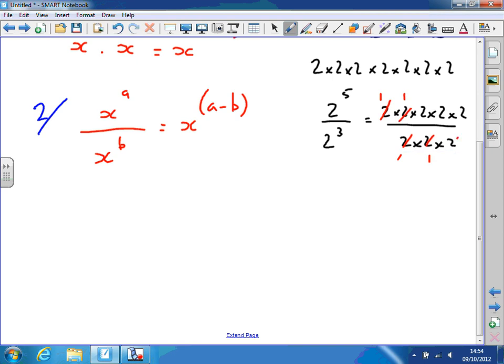I can cancel 3 of the 2's at the top with the 3 2's at the bottom and replace them with 1's. And so I end up with just 2 2's, so in fact that would be 2 squared. So I've subtracted the powers. 5 minus 3 is 2.